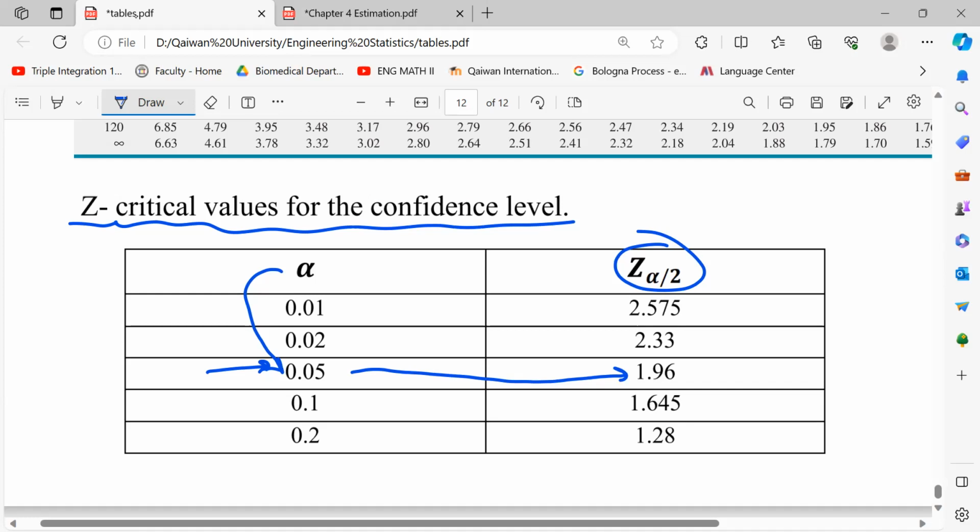This is Z of alpha over 2. I don't look for Z of 0.025, because it's this one. If alpha is 0.05, then Z of alpha over 2 is 1.96.